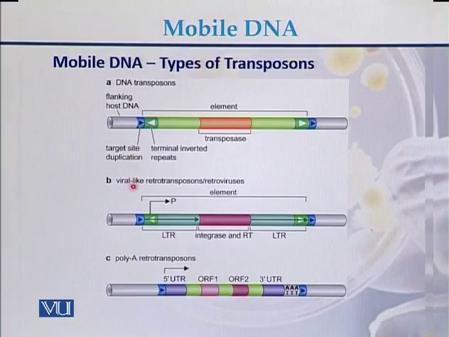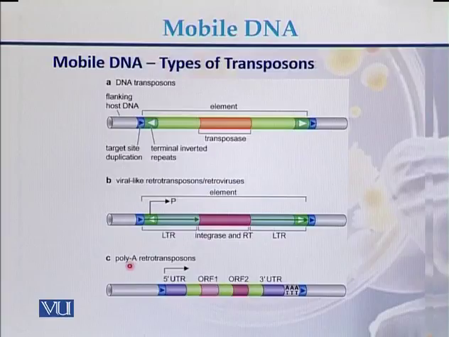In the case of viral-like retrotransposons, there can be sequences for integrase and reverse transcriptase. There can be LTR, long terminal repeats. So this is the difference between the DNA transposons and viral-like retrotransposons, because here we see that there is a sequence for the reverse transcriptase.